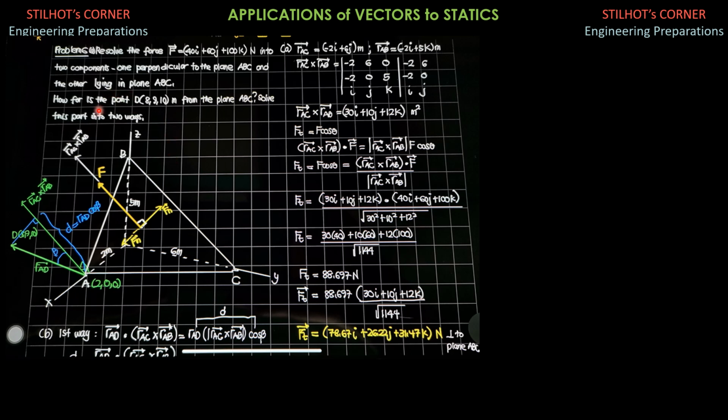Then the second question, this is the challenging part. How far is the point D, 8, 9, 10 meters from the plane ABC? So this is the plane of this wedge. Then solve this part in two ways. Actually, for the first part, you can solve this in a variety of ways, three in particular.